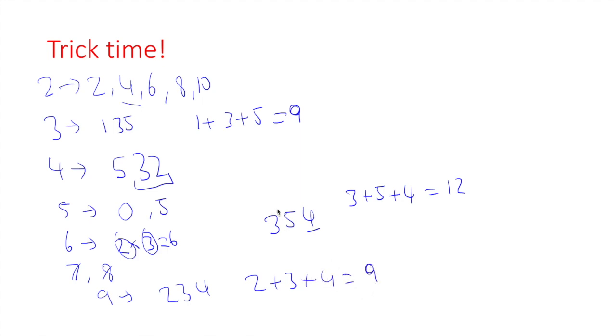Instead of checking if the sum is a multiple of 3, we're checking if the sum is a multiple of 9 this time. And 9 is obviously a multiple of 9, so 234 is a multiple of 9. And obviously if it's a multiple of 10, you just need to check if it ends in a 0. So those are all the tricks for numbers 1 through 10, excluding 7 and 8.